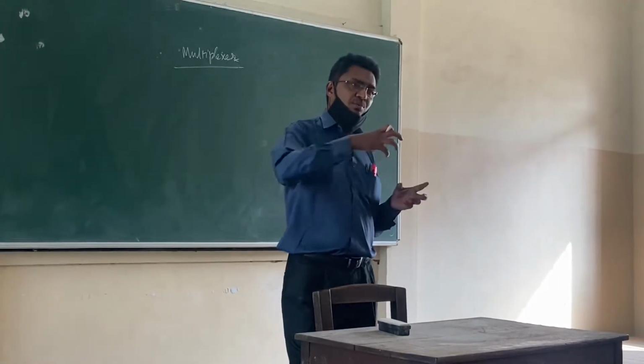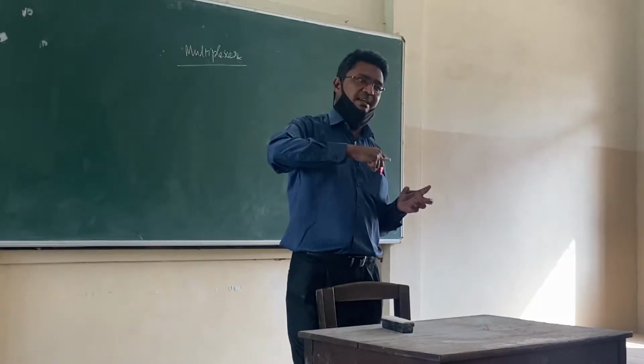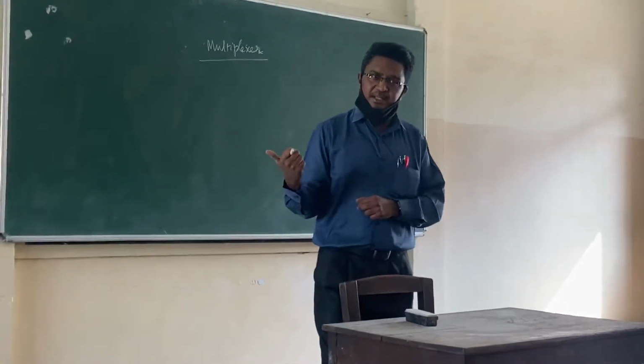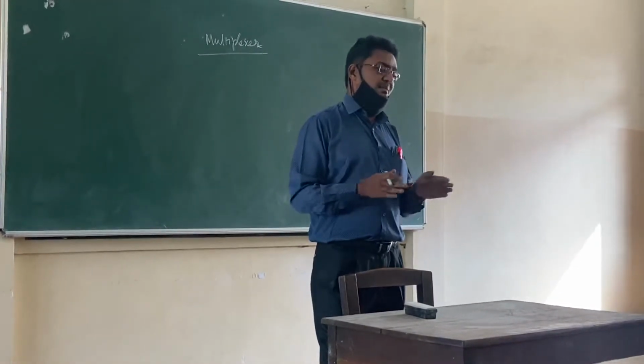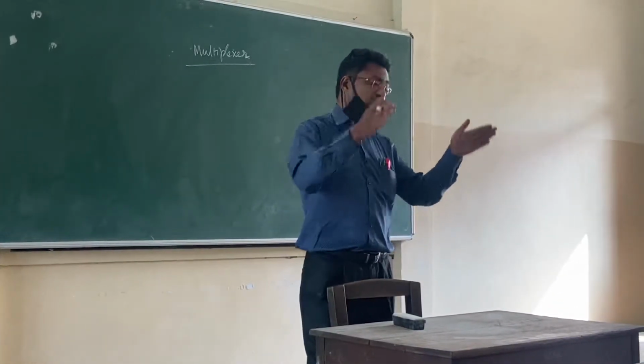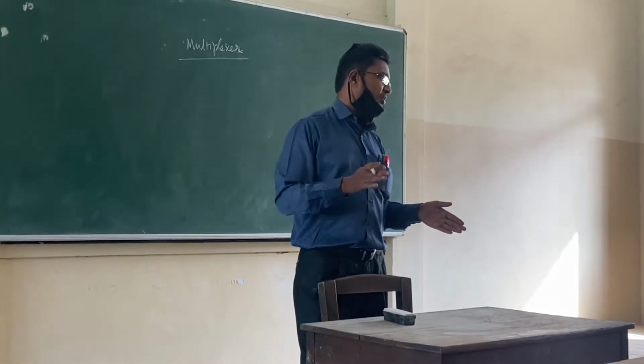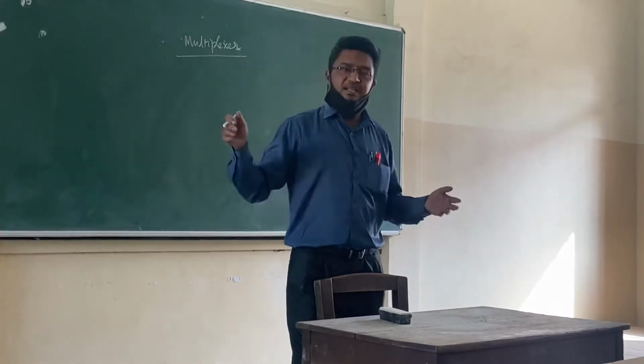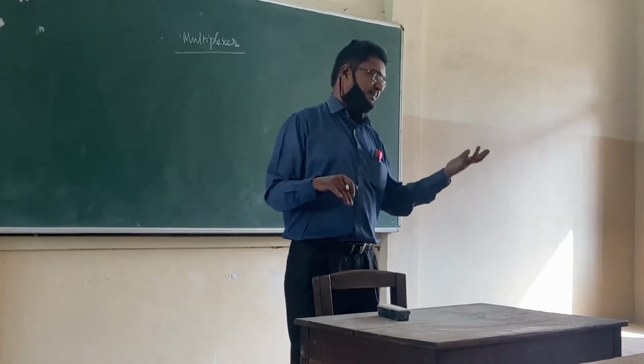Somebody must fetch the data because I am the data, but where to go is decided by the address. Likewise, we have 16 lines for the address, something like 10111100001111. That is called the address.